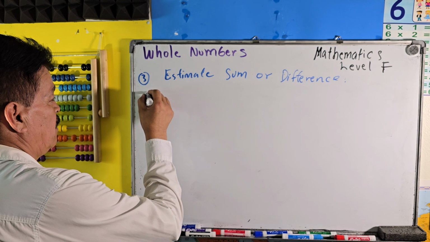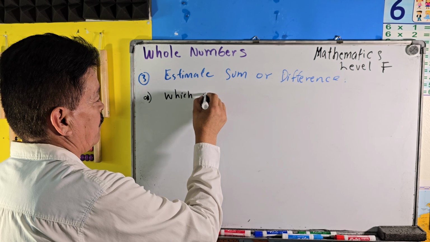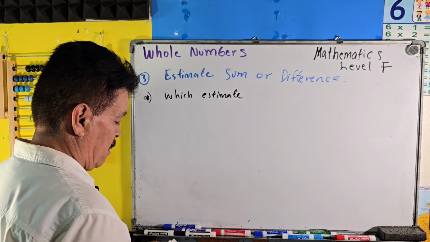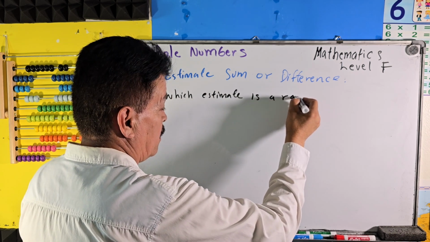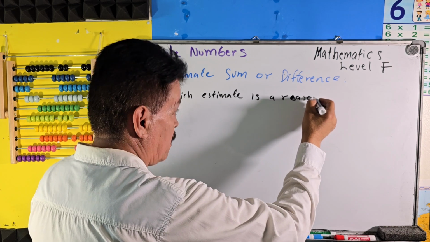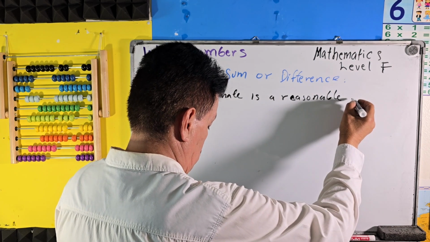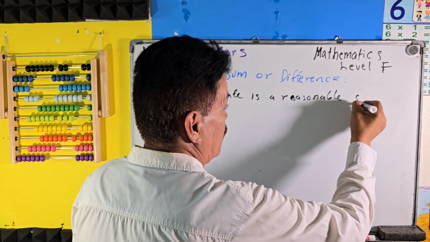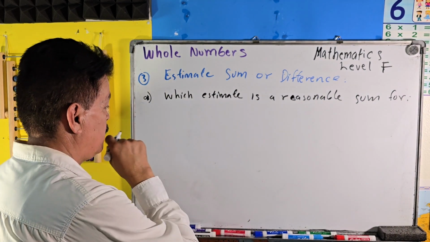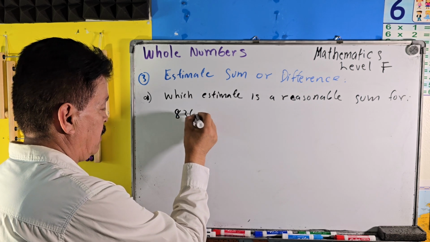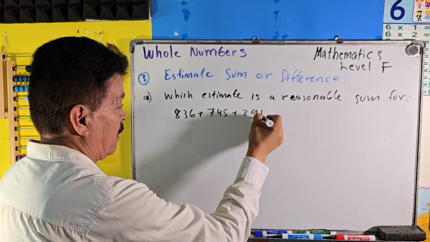The first question: which estimate is reasonable for the numbers 836 plus 745 plus 291?